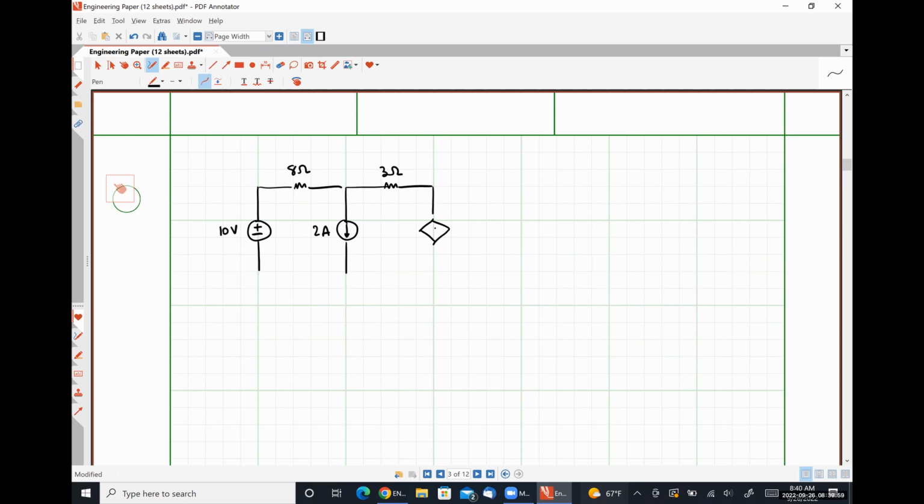Let's not even make it that hard. Let's not put any dependent sources. That's not adding anything to the discussion. It's just making this take longer. All right, so this is our circuit that we're going to analyze.